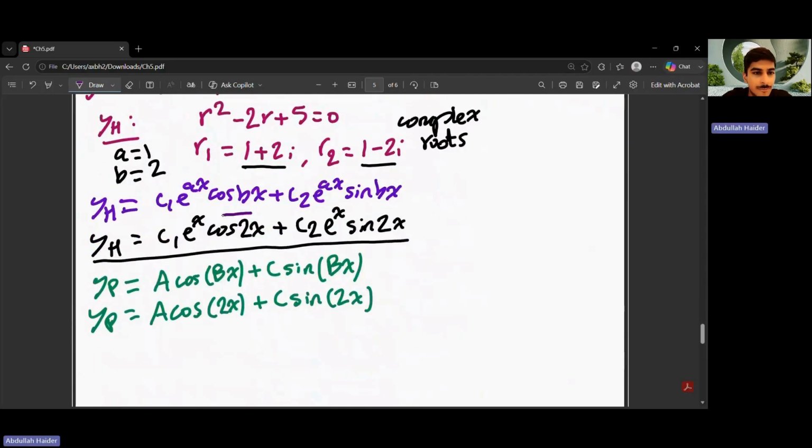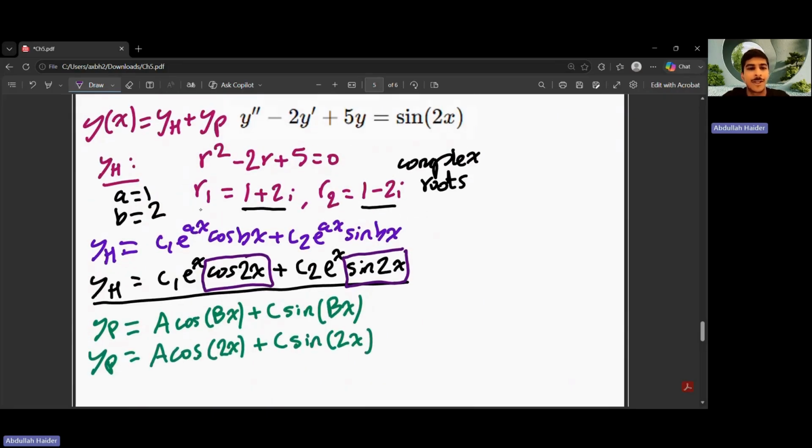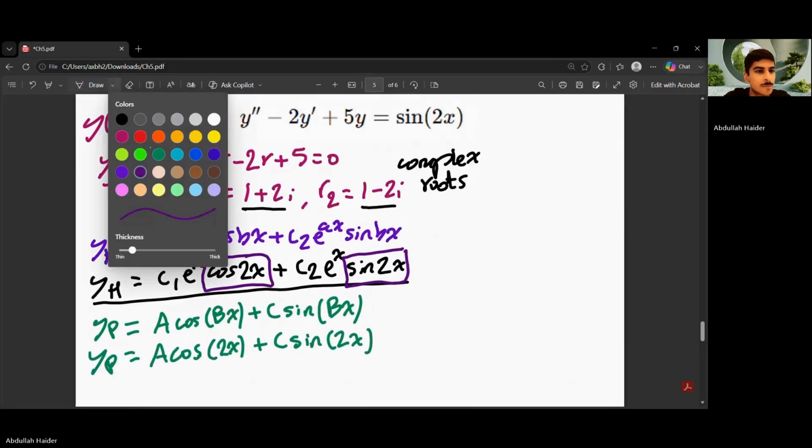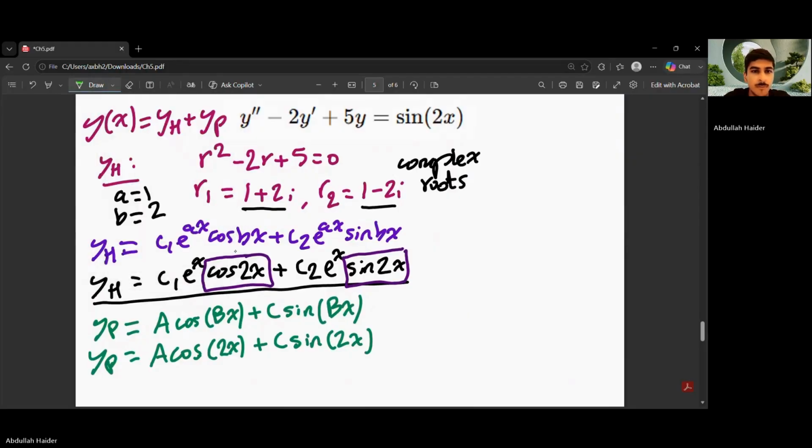You have sine 2x in the homogeneous solution and sine 2x in the f of x. So now you compare. You compare if there's something in common. Cosine 2x and sine 2x are not the same, but sine 2x over here is the same as sine 2x here.